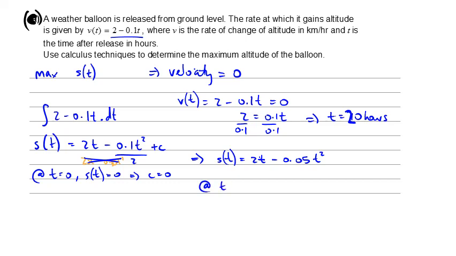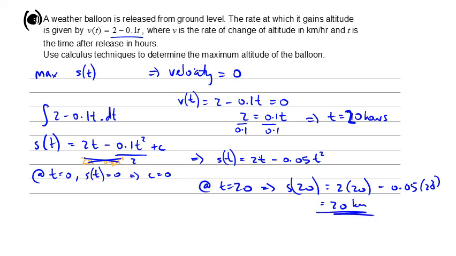And then at time of 20, s of 20 is 2 lots of 20 minus 0.05 times 20 squared. And you should get a maximum height of 20 kilometers. Everyone happy with that? So the hardest thing there was to realize maximum altitude.